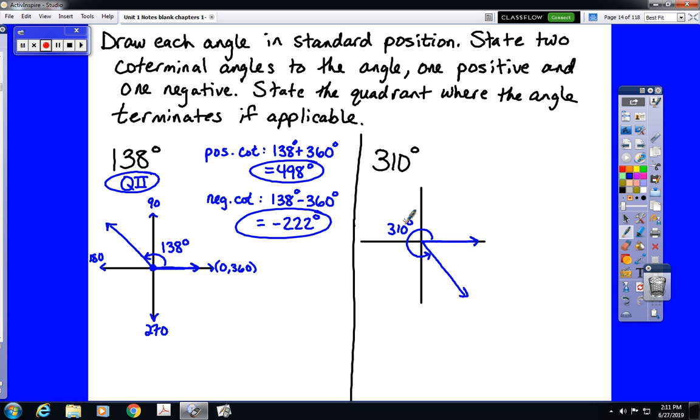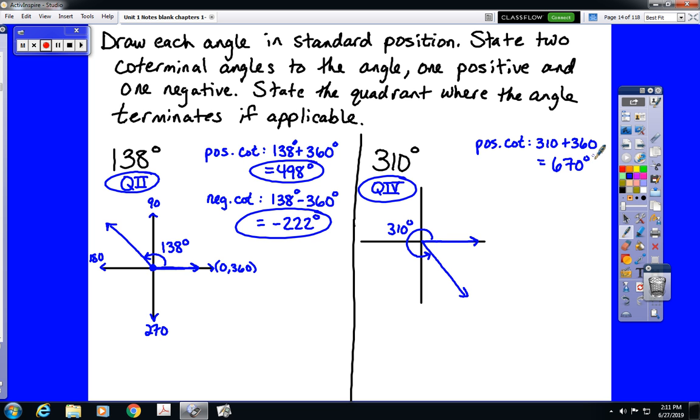So that takes care of the picture and the quadrant. For the positive coterminal angle, we're going to take the angle 310 and add 360, which would be 670 degrees.